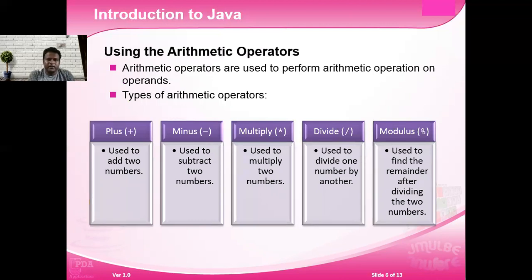First of all, we go for the arithmetic operators. These operators are used to perform arithmetic operations. For adding numbers, we use the plus symbol. Then we use the minus symbol, then division, then modulo.